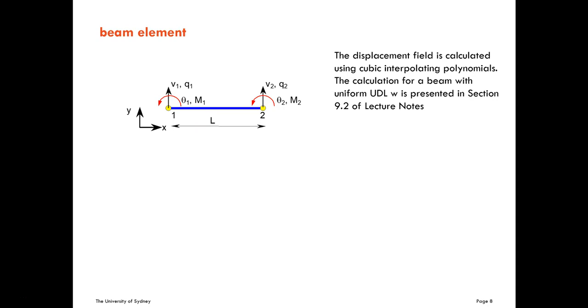The finite element solution for this problem is performed by first expressing the displacement field in terms of cubic interpolating polynomials. Then the calculation of the deflections assumes a uniformly distributed load that is called W, and the details of the derivations are presented in section 9.2 of the lecture notes.